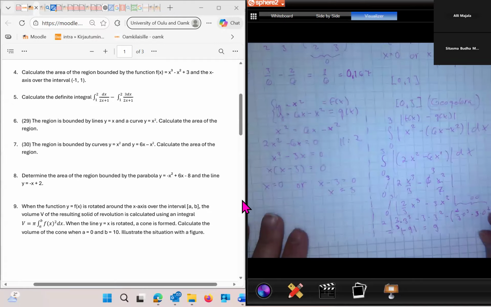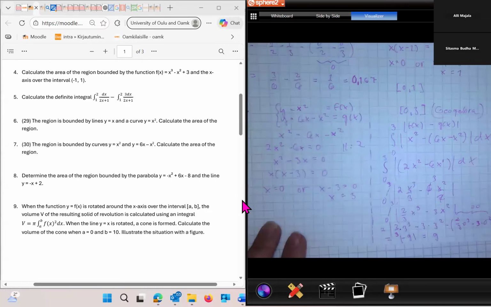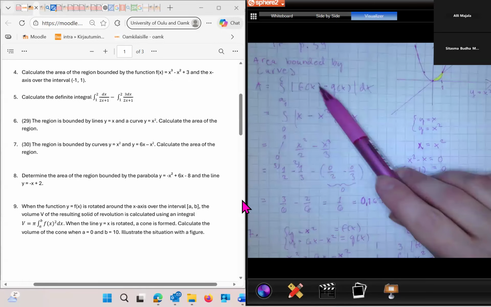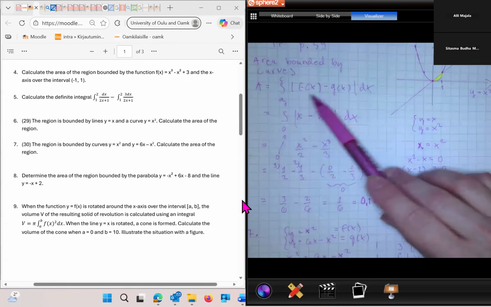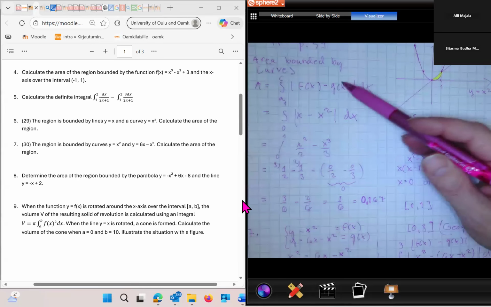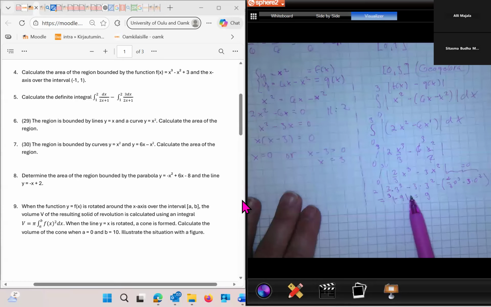Let's continue with the 8. If one would have ended up picking the wrong curve, because you have to subtract the curve on the bottom from the one on top, but if you ended up doing it the wrong way round, you can kill the minus.